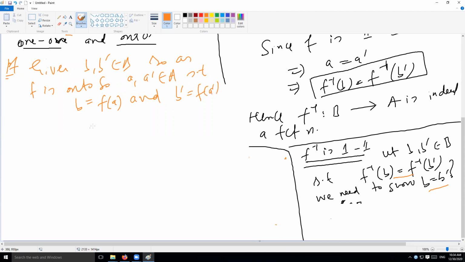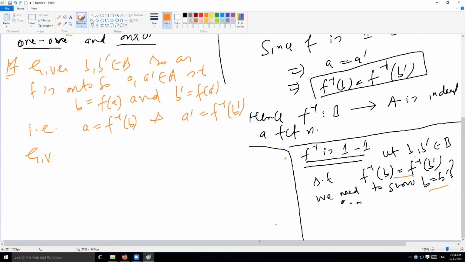Is that so? Yes, sir. That is, from this I can conclude that A is the same as F inverse of B and A prime is the same as F inverse of B prime. Okay? Now we are in a position to prove our claim.